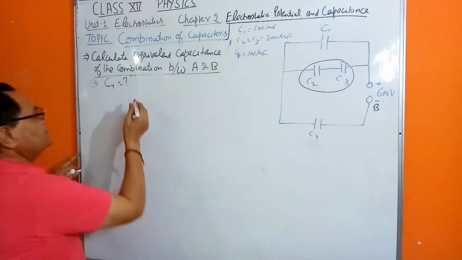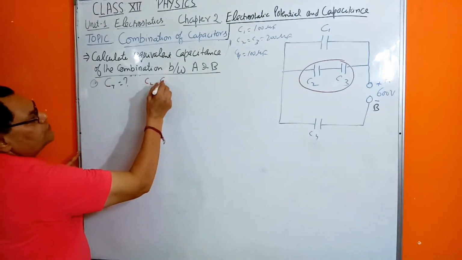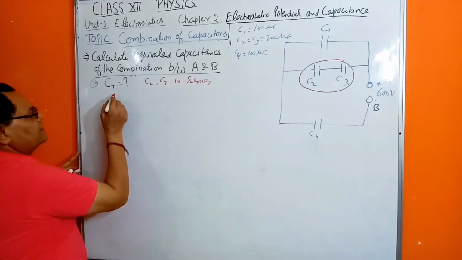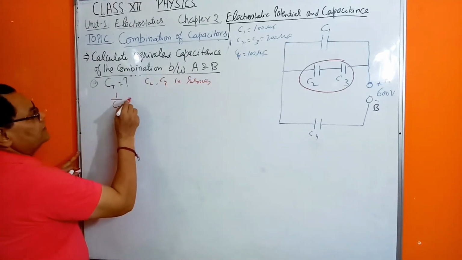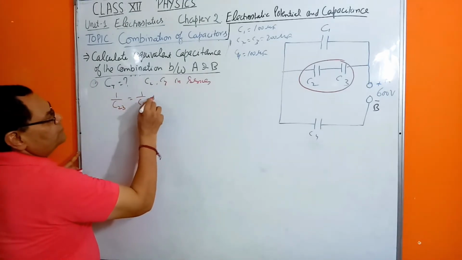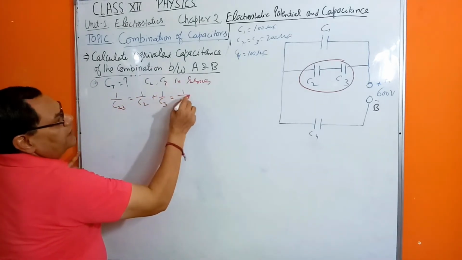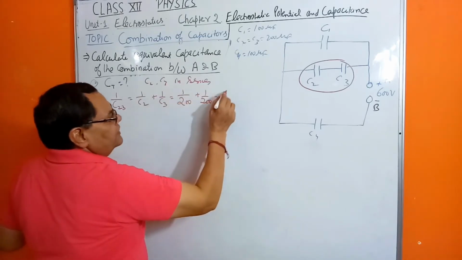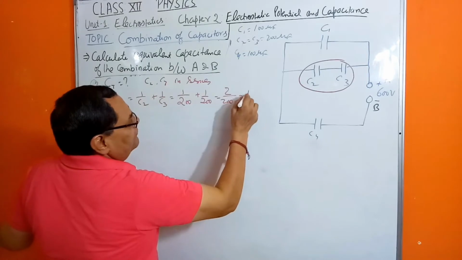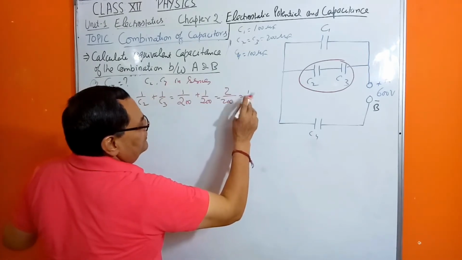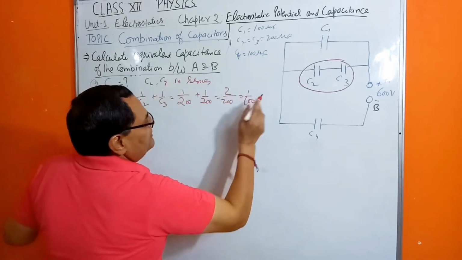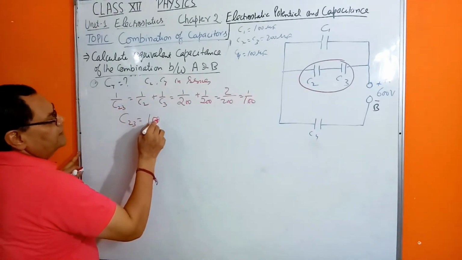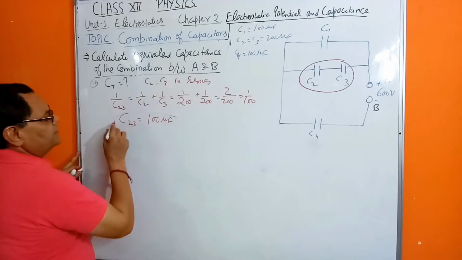Let us put C2 and C3 in series. What is the resultant? 1 upon C23 will be equal to 1 upon C2 plus 1 upon C3, and they are 200 each. So that is 2 by 200, 1 by 100 only. So C23 is coming as 100 microfarad.